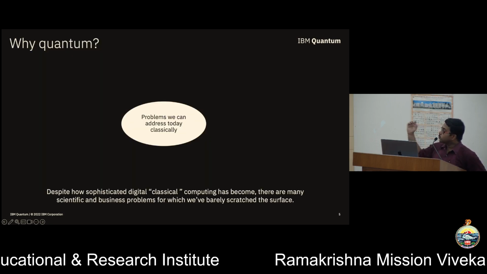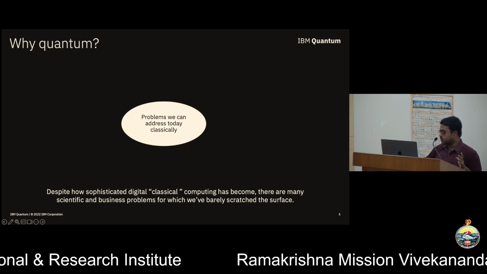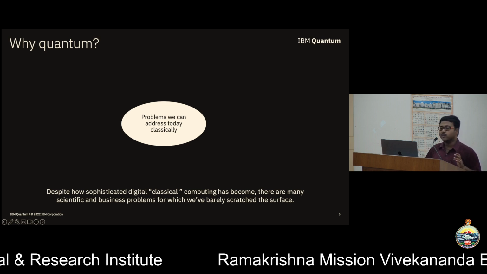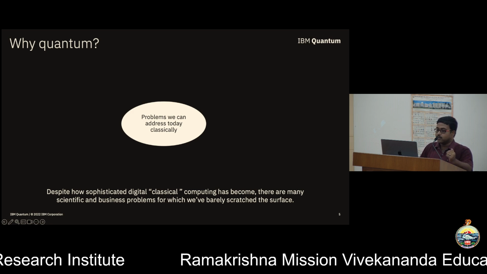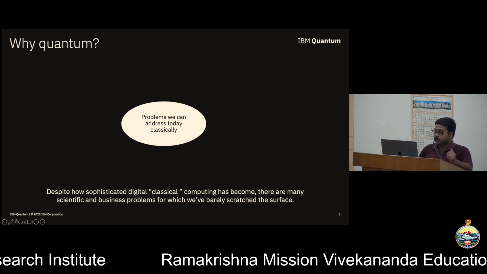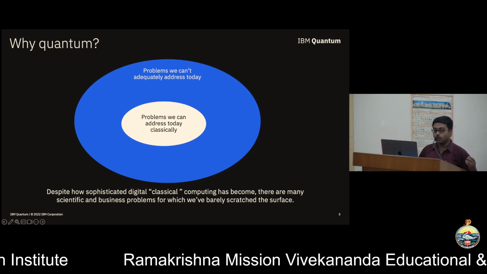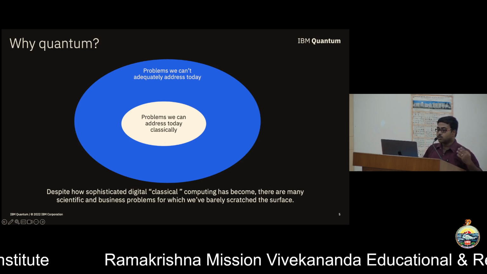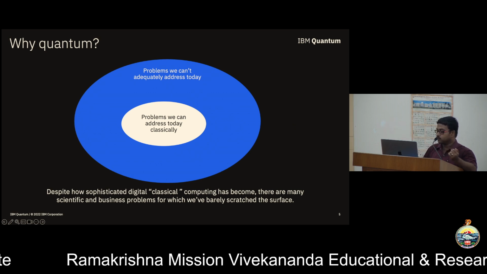And today we have classical computers, great computers, like this laptop, or we have GPUs, clusters, and many TPUs and everything. But there are certain problems that we can address today, and there are still a lot of problems that we cannot address adequately, because even the best supercomputer is not up to the mark for that.